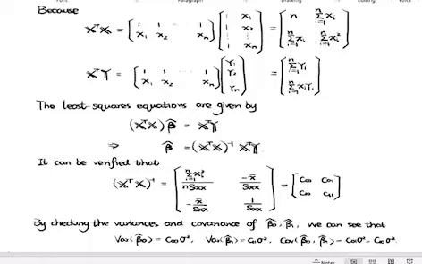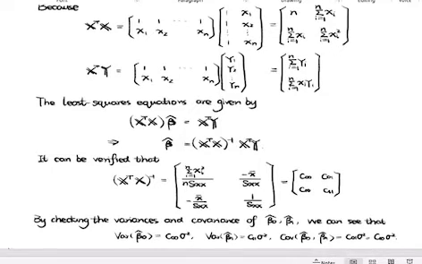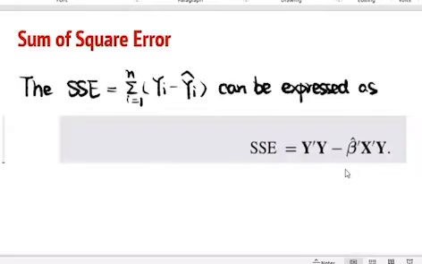Now, the next thing is how, in a matrix form, do we write the sum of square error? You know, in a scalar form, the sum of square error is this, right? Then in a matrix form, it's going to be this. This is y. Another way to write transpose is to just, this is a transpose now. Y transpose y.